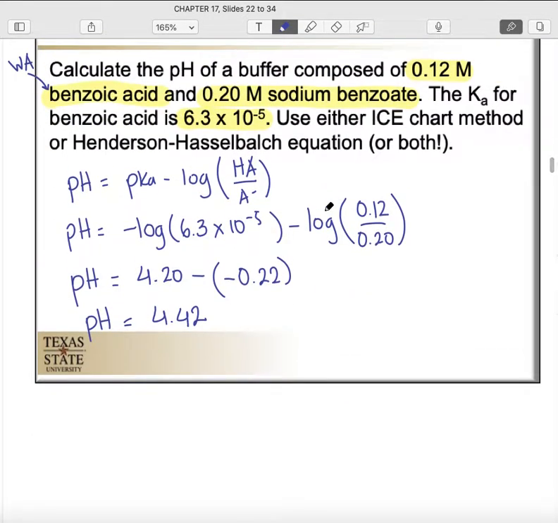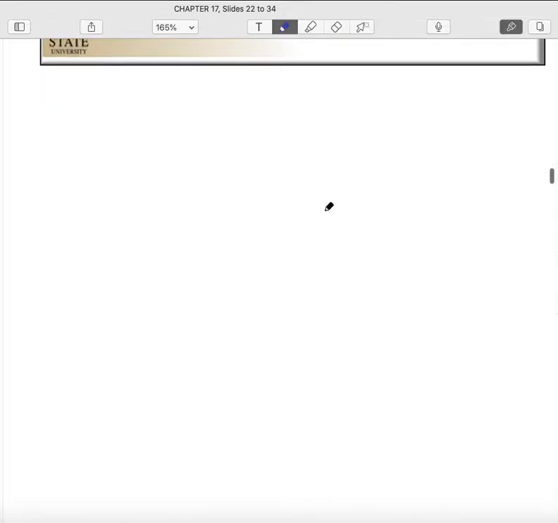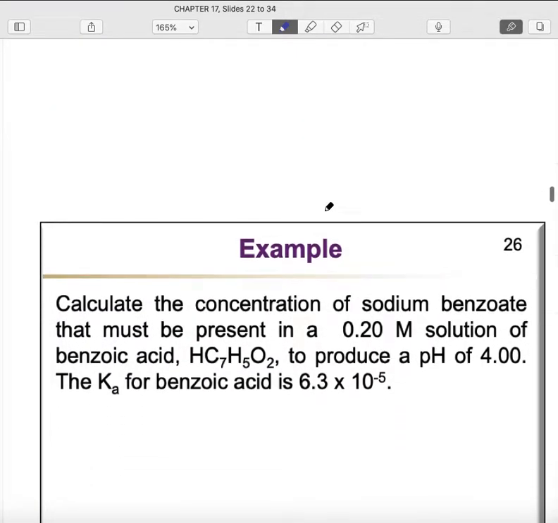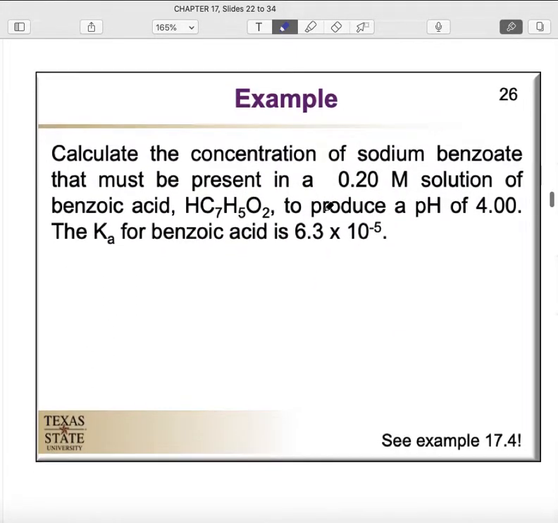All right, so let's go to the next problem right here. Calculate the concentration of sodium benzoate that must be present in a 0.2 molar solution of benzoic acid to produce a pH of 4.0. The Ka for benzoic acid is provided. So let me highlight the information that we have.